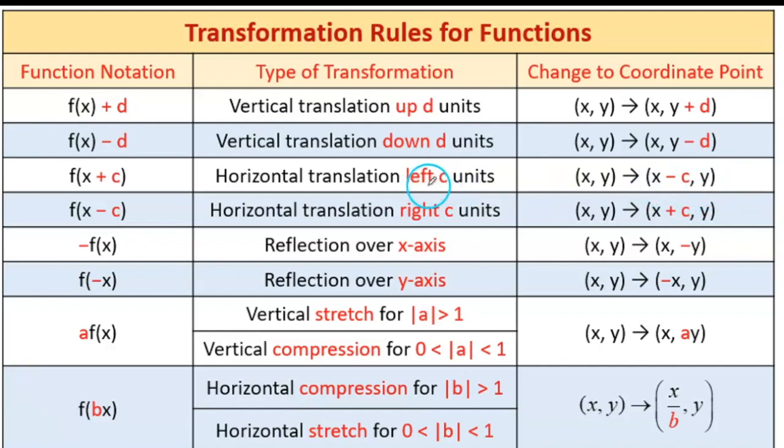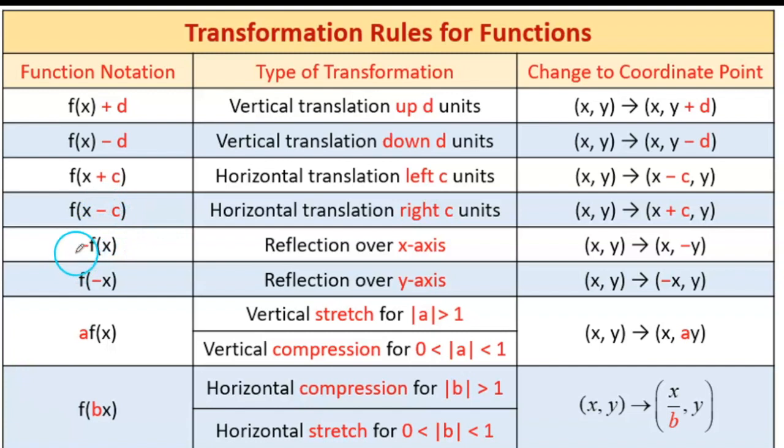So if I'm going to the left, that means my x value will have a minus. I'm subtracting, therefore I'm moving my graph to the left. If I'm moving to the right, translation right, that means my x will have a number added. But when I have that in my original function, it will be a minus. So opposite sign.